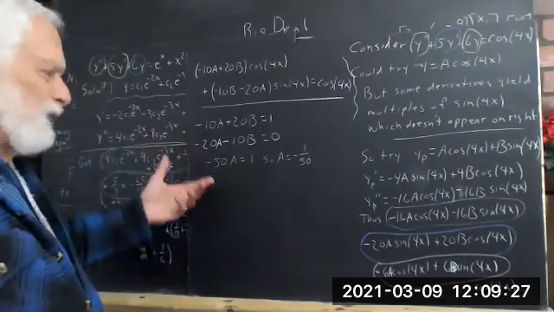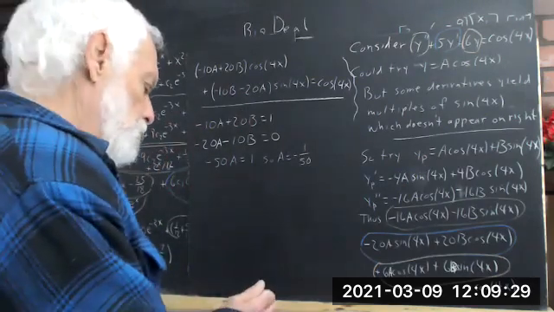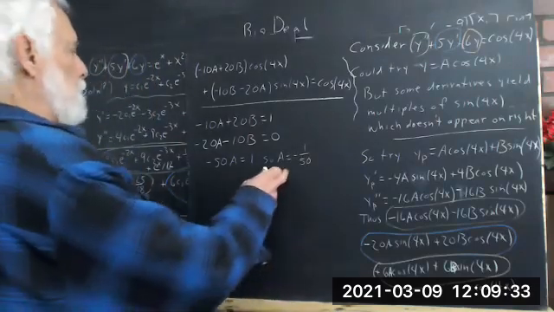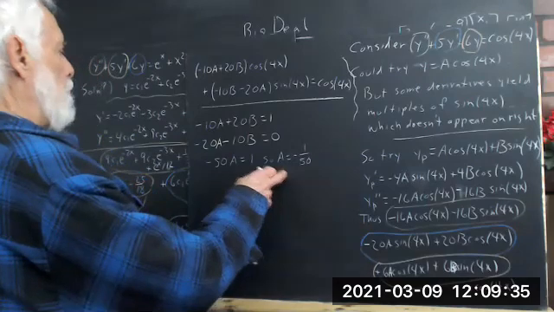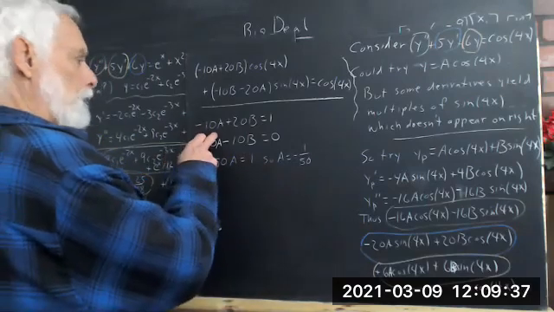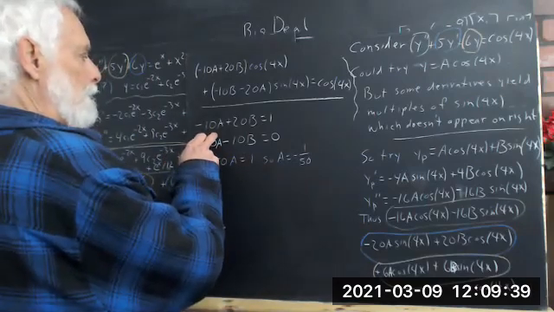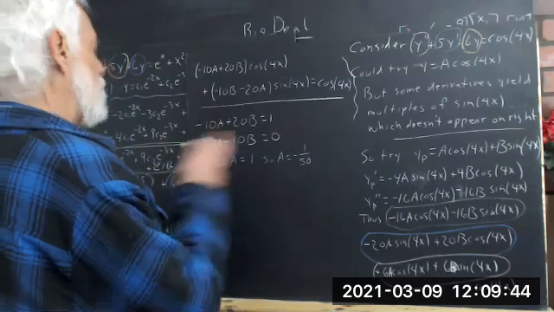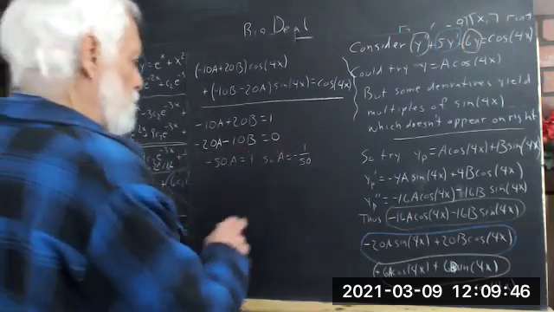Gives negative 48. Still gives negative 50a equals 1. So I'm going to pretend that's okay. And then if we plug a equals negative 1/50th, we get a 1/5 here. Actually easier to plug it into this one because we got the 0.